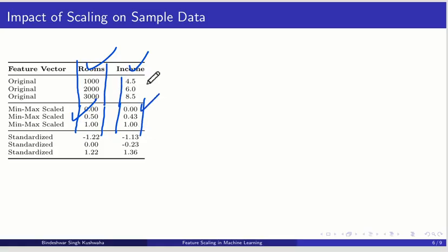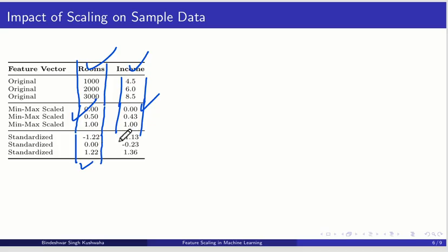So both have been scaled down to the same scale. Now if you standardize, you can see that here the mean is 0, because if you add and divide by 3, that would be 0.